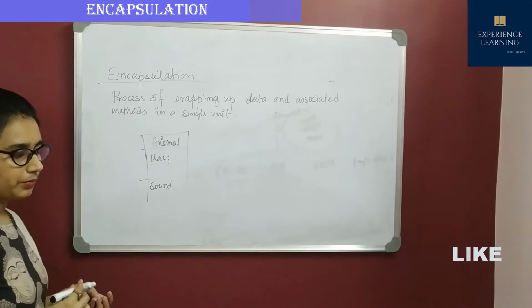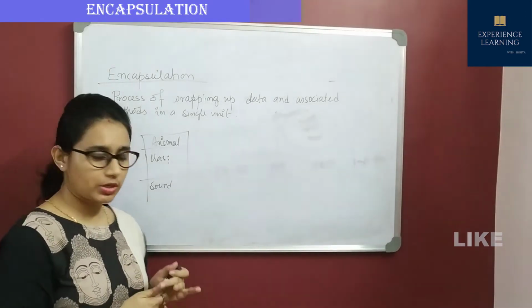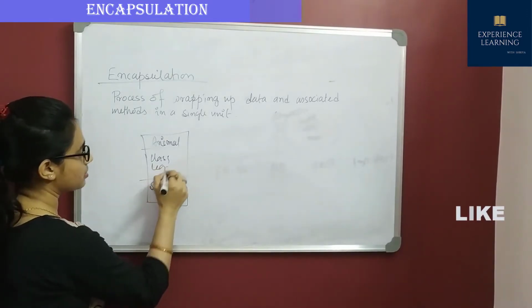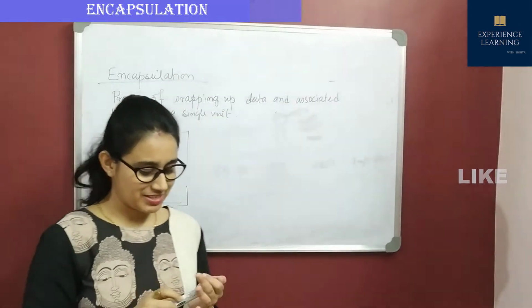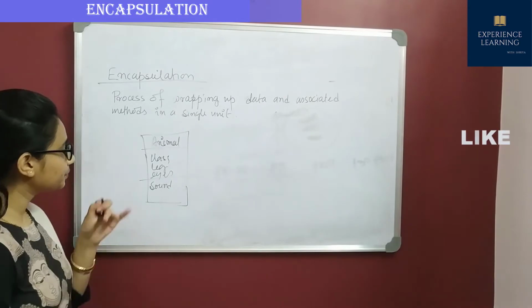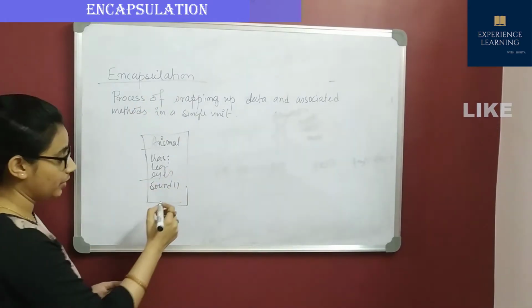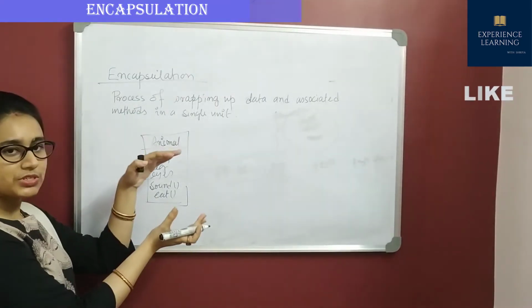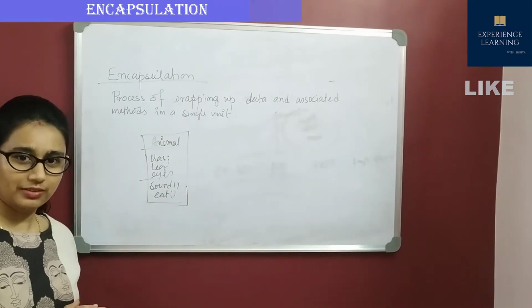So this is encapsulation, when the attributes, the number of legs, the number of eyes, and so on, as well as the behavior, how it eats, are wrapped in a single unit. This one is known as encapsulation.